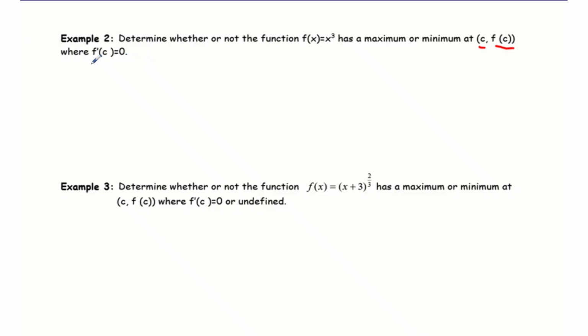So we just need to find f prime c equals 0. In order to do that, we need to find f prime from the given function. So 3, then the degree minus 1 is squared. Let f prime x equals 0, we have 3x squared equals 0.